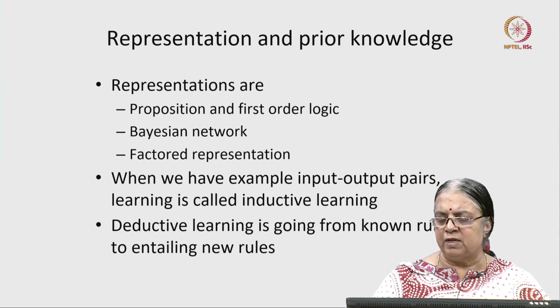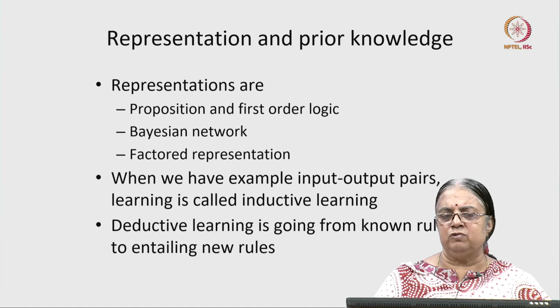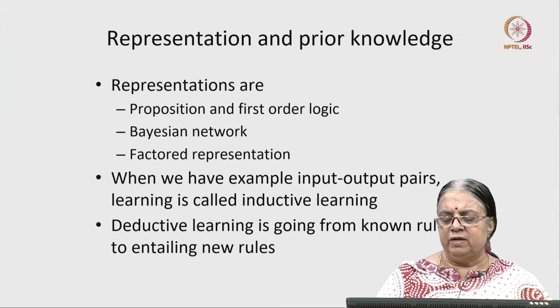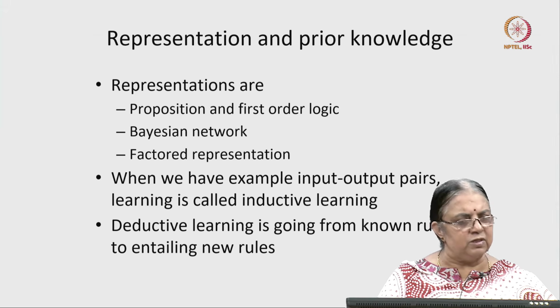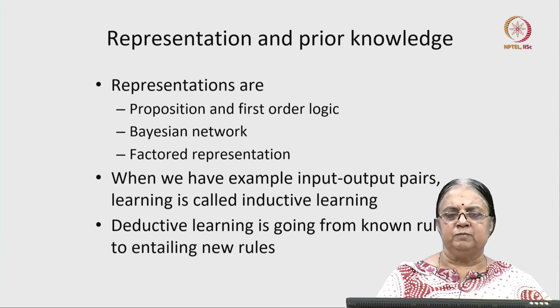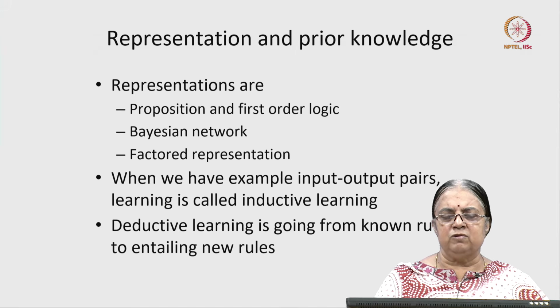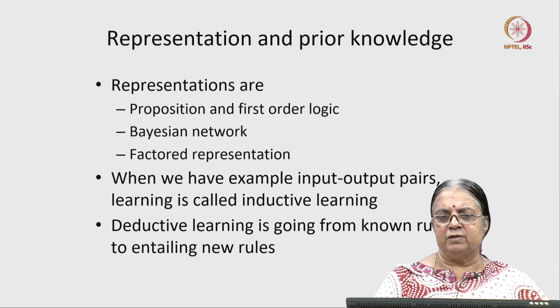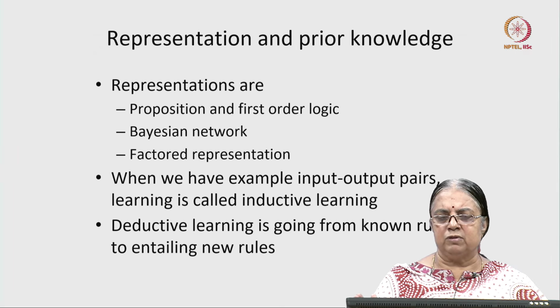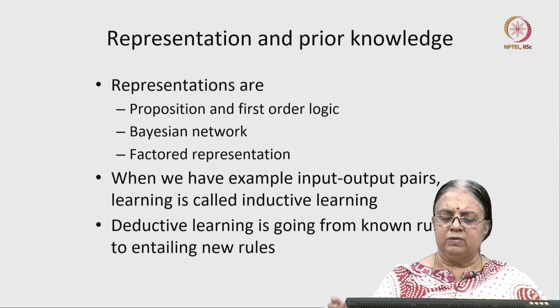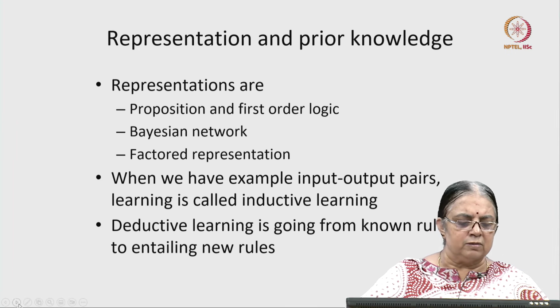For example, if we take digits 0 to 9, the digit will be your input, in the form of pixels. You have pixel information, and this pixel information can be all concatenated together to form your pattern, and then we have the class label. The class label is the output of this particular pattern. That is how we get these input output pairs.